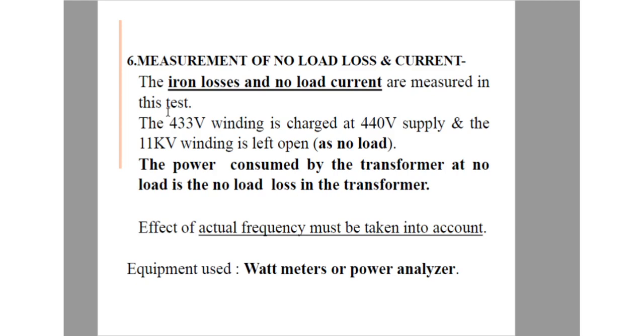The power consumed by the transformer at no load is the no load loss in the transformer. Now the effect of actual frequency must be taken into account. The equipment used for performing this test is a wattmeter, or we can measure with the help of a power analyzer.